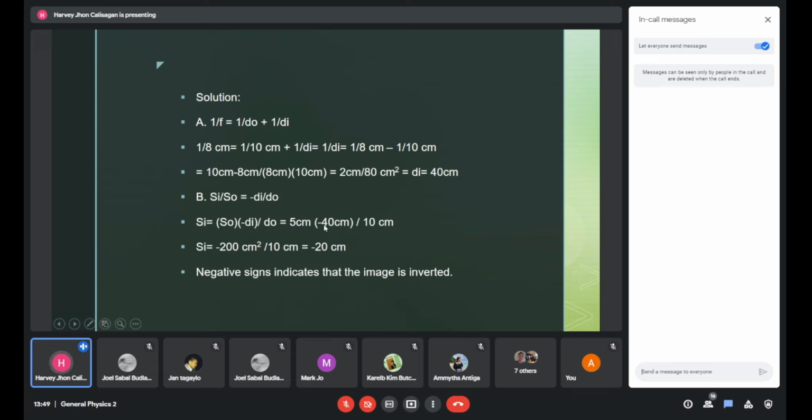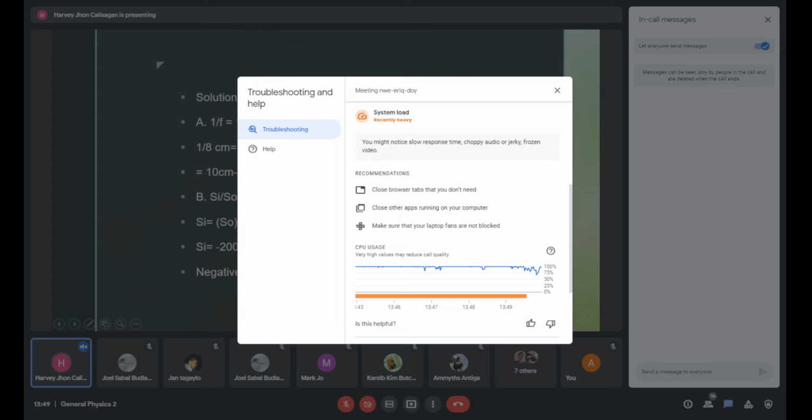Take note, the 40 is negative because our formula here is negative DI. Whatever values are put in DI, positive or negative, it will turn depending on the integers used. So if our 40 is negative and the DI is negative, it will become positive.